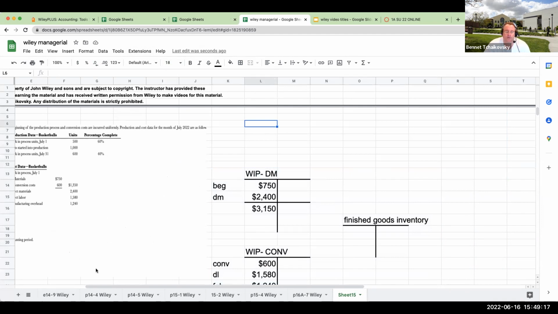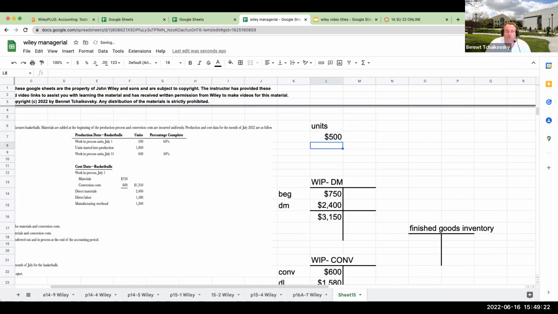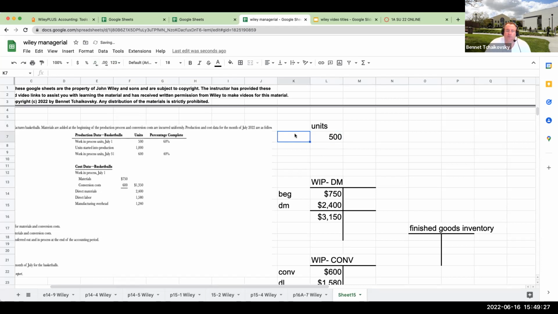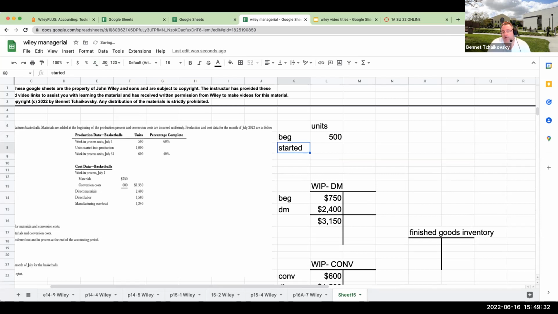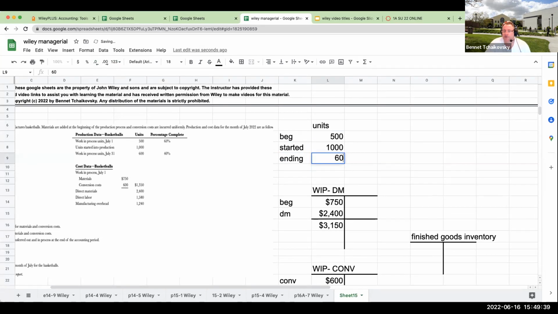We're told that we had 500 units for beginning. We had started, and then we had ending. So this is 1,000, and this is 600. What we need to figure out is the equivalent units for both direct materials as well as for our conversion.